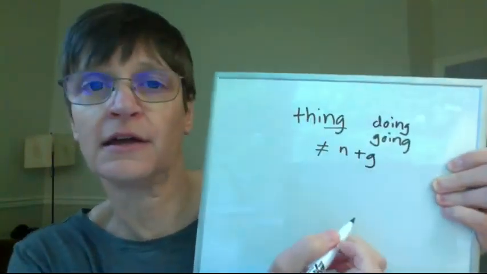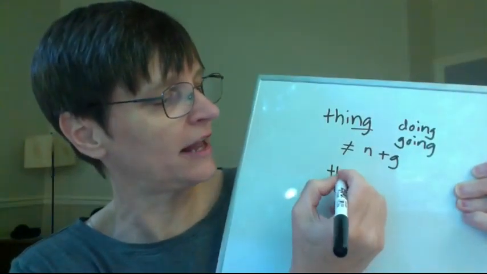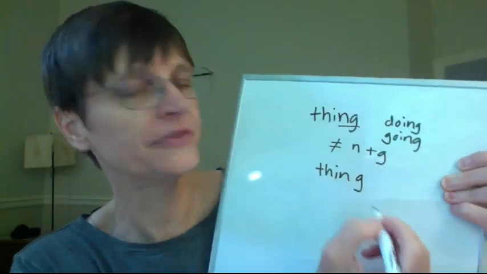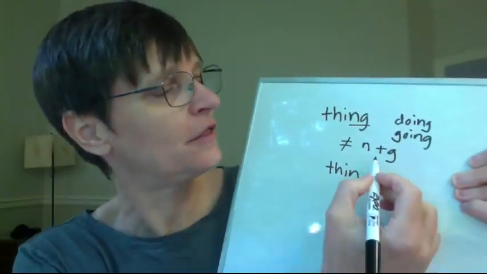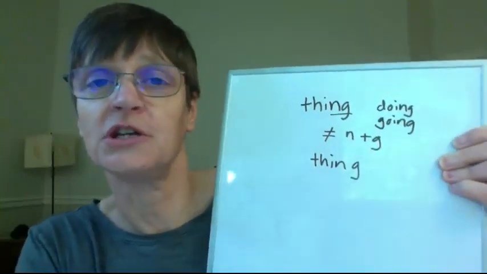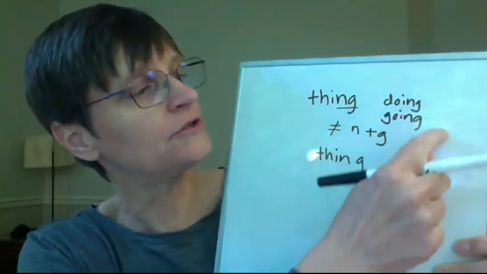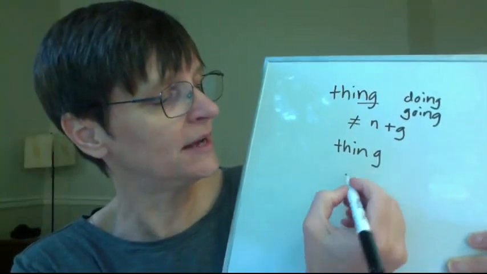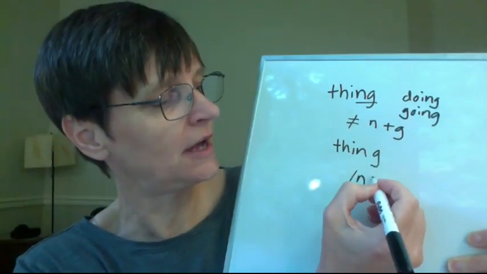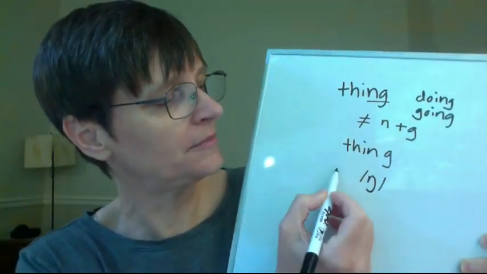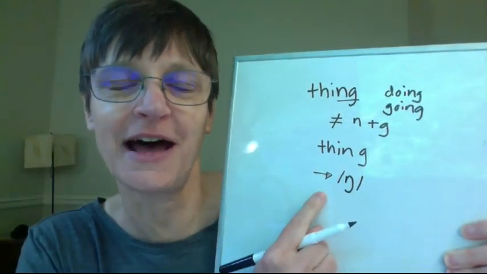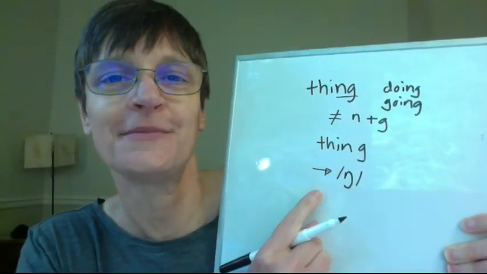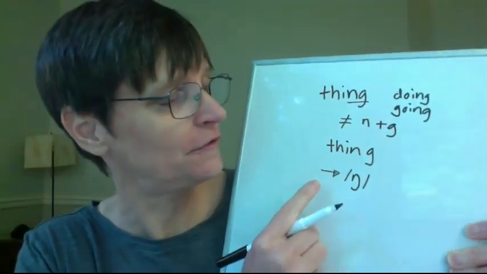If thing were an N and a G, it would sound like thin-g. You can hear that that doesn't sound correct. So the letters NG in the word thing, and also doing, going, in all of those verbs, make this one sound. You can find specific help for accent error patterns you might have on this sound in my videos for NG.